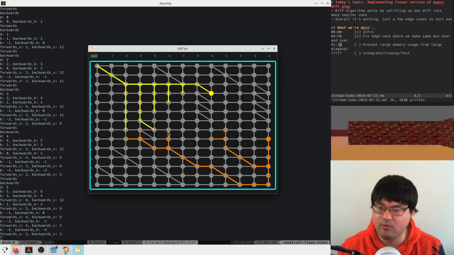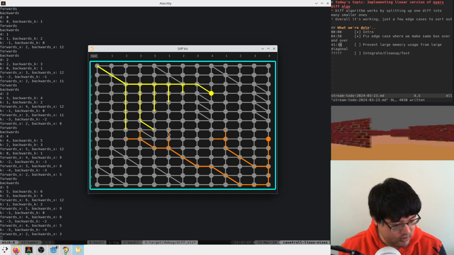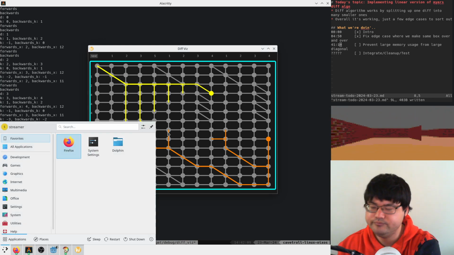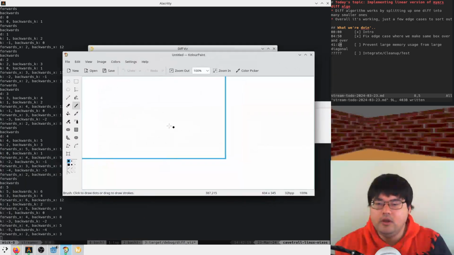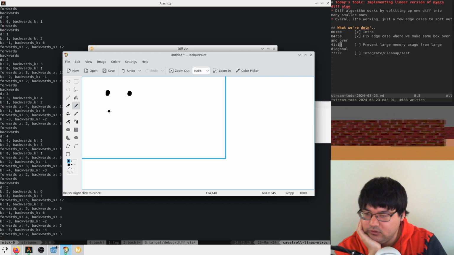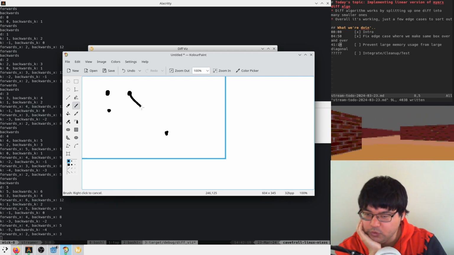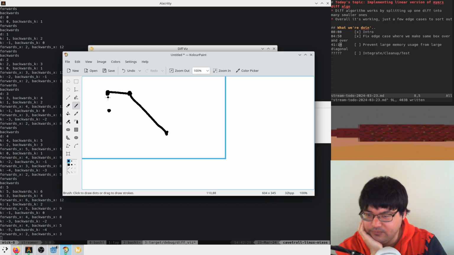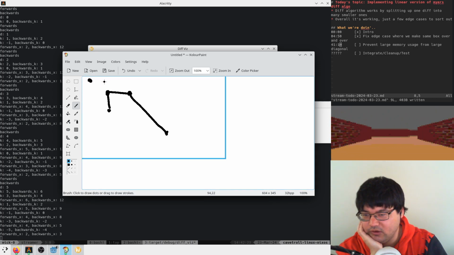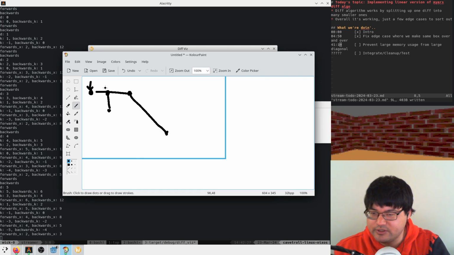So I wonder how that works in the case of a diagonal. Because the way that the algorithm works is if you have something like this, where there's a connection here and a connection here, and we're here.